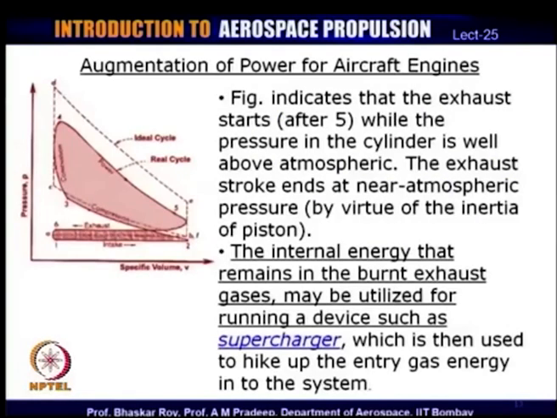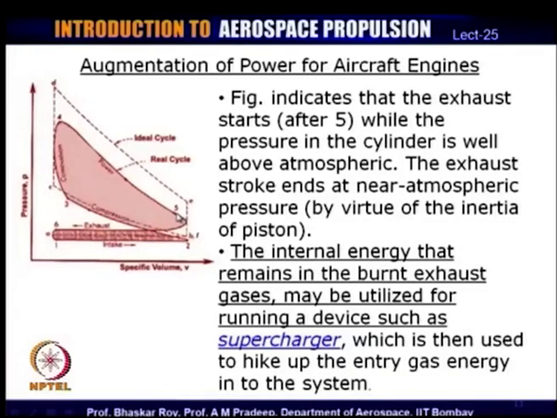We now see that quite often an aircraft engine has to operate at high altitudes, where it has to produce good power at good efficiency, and for power production at high altitudes we have a few issues. If we go back to the cycle diagram, which we are familiar with, we shall see that the exhaust starts at point 5, while the cylinder pressure is still quite high, actually high above the atmosphere.